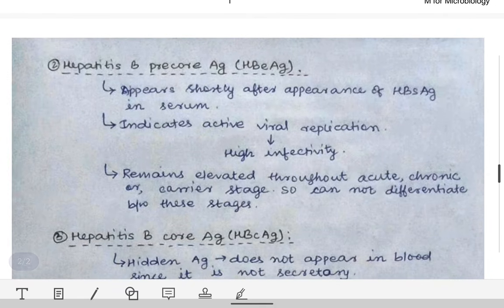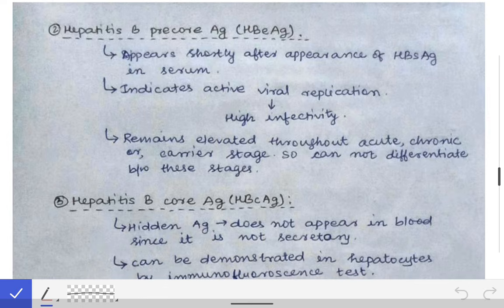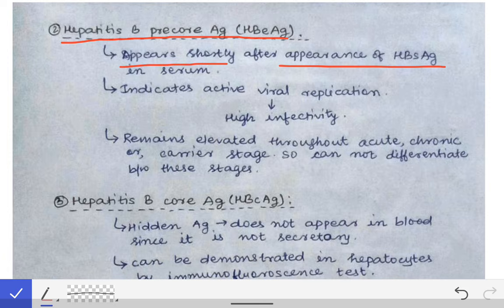Now coming to the hepatitis B precore antigen, the second antigen that we can focus on to diagnose the hepatitis B infection. It appears shortly after the appearance of hepatitis B surface antigen in the serum.